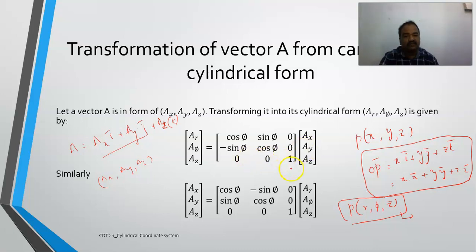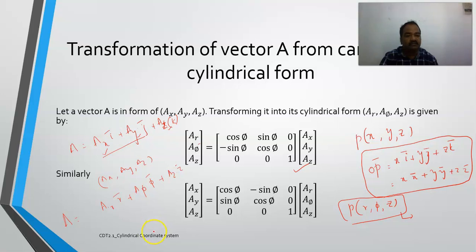So this is the formula which we use. If I have the components ax, ay and az, and want to convert them into r, phi, z format, then this is the formula. Normally, I must write AR into R bar plus A phi into phi bar plus AZ into Z bar.